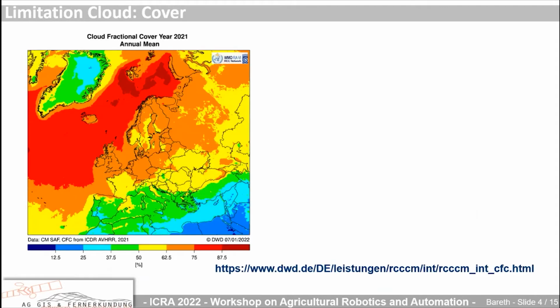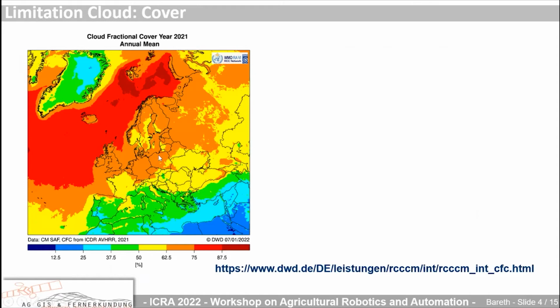When it comes to the limitations, I said that I believe in some areas weather conditions are a key player in limitations for sensing approaches. I would like to show you fractional cloud cover data for the year 2021.